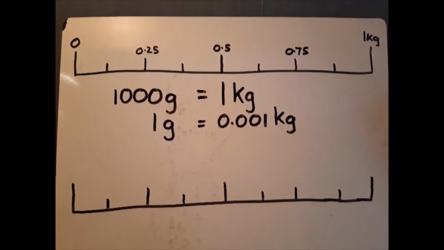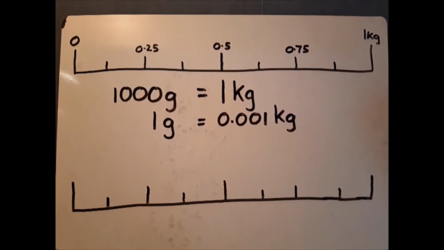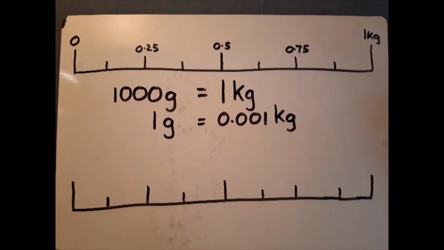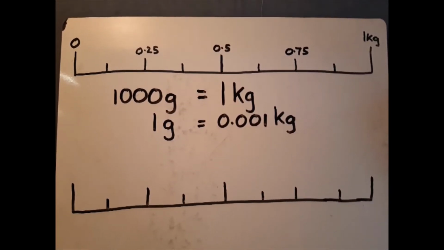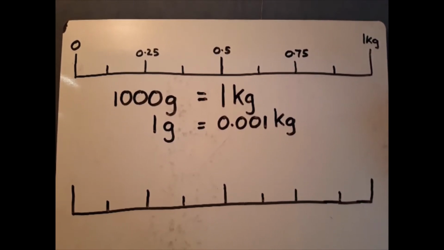Now 0.5 of a kilogram right in the middle is 1/2 of a kilogram. 0.25, which is right in the middle of 0 and 0.5, is 1/4 of a kilogram. 0.75 then is 3/4 of a kilogram.